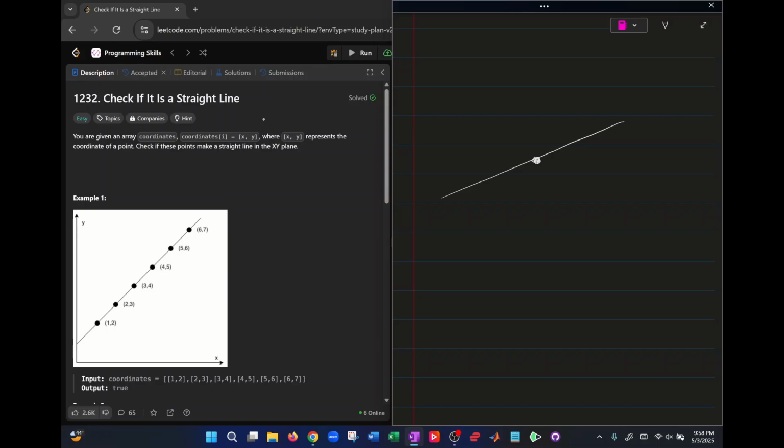Like if this point is called x, y, then for any other x value, let's say this is x0 and y0. If you're given any x value, x, then you would figure out the distance from x to x0 and use that combined with the slope. You would multiply those together and add that to y0 to get the y value.